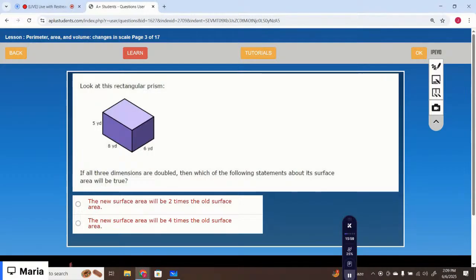Look at the rectangular prism. If all three dimensions are doubled, then which of the following statements about its surface area will be true? Then that would be 4 times the whole surface area.